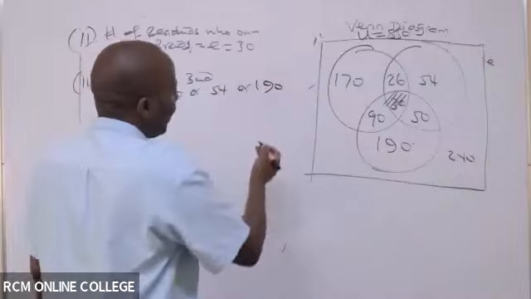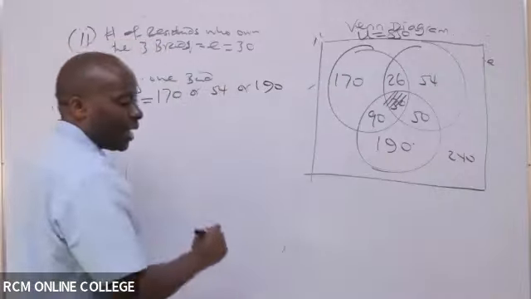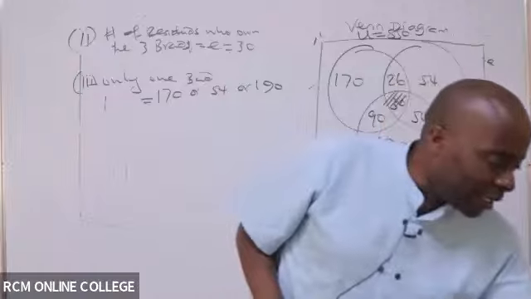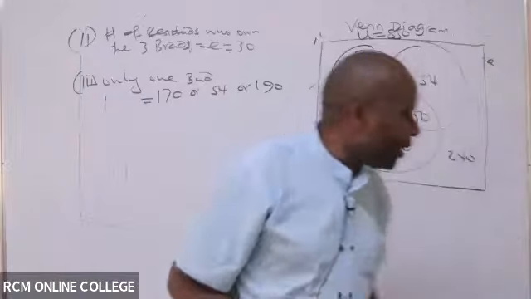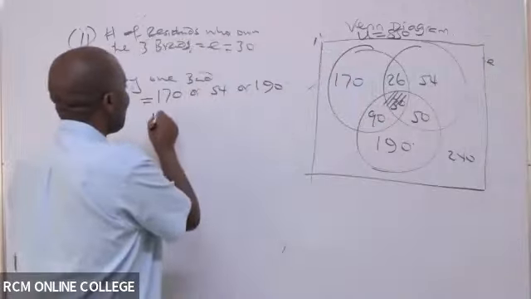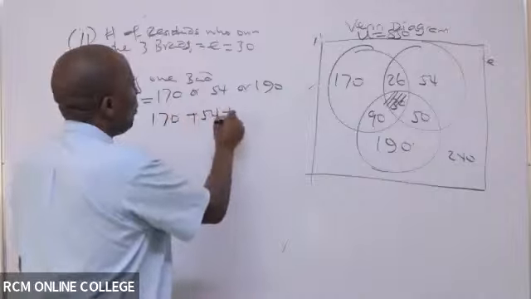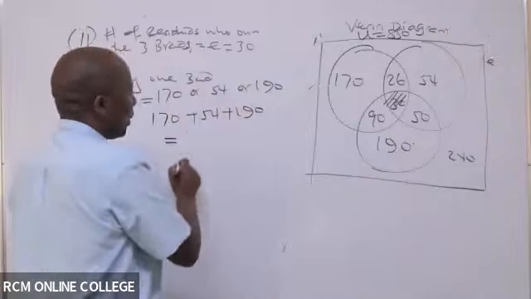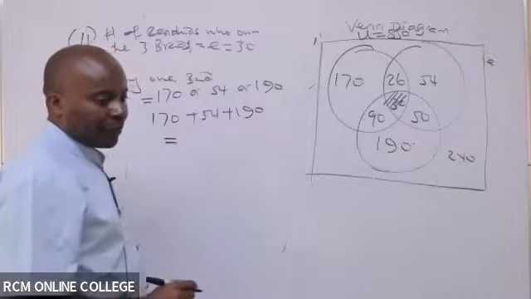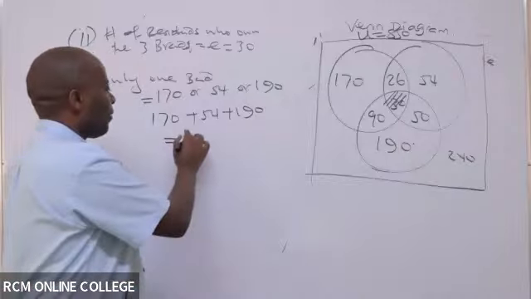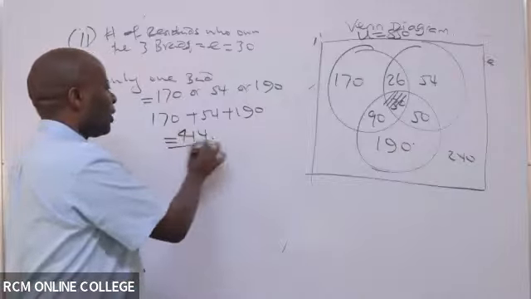Honda, 190. So or means what? Or means that we add. So it is 170 plus 54 plus 190, which will end up giving us what figure? 414.